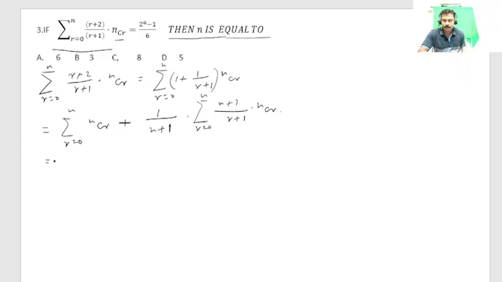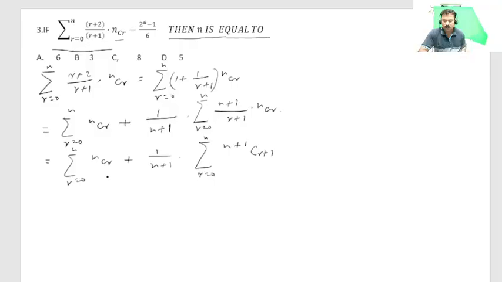Okay, so sigma r equals to 0 to n nCr plus 1 by n plus 1 sigma, here we know the formula, that is r equals to 0 to n, here that is n plus 1 C r plus 1.